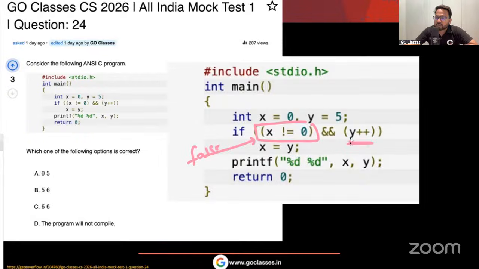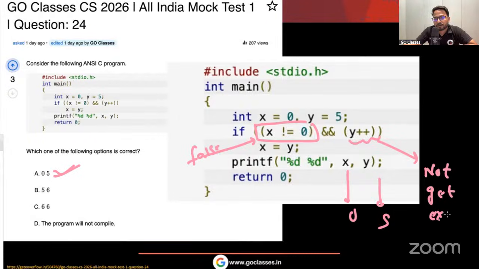So you will just skip this whole if condition and go here. So initial values are 0 and 5. So 0 and 5 will be the answer. Why? Because this will not get executed. So you will directly say 0 and 5 are the answers.